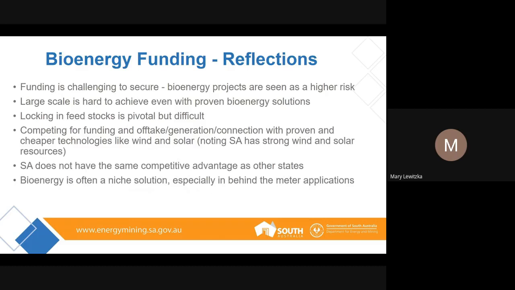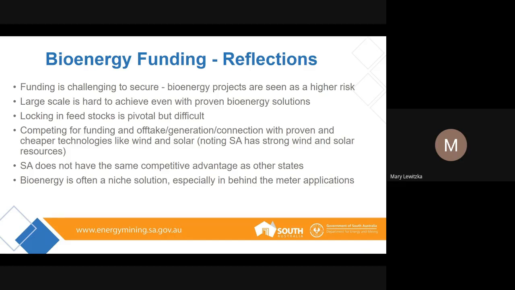So I guess to finish up, we've really found that the reflections, I think, are that funding is very challenging to secure, and bioenergy projects are seen as a higher risk, especially in South Australia, where we've got large solar and wind resources. Large scale in bioenergy is hard to achieve, even with proven bioenergy solutions like anaerobic digestion.